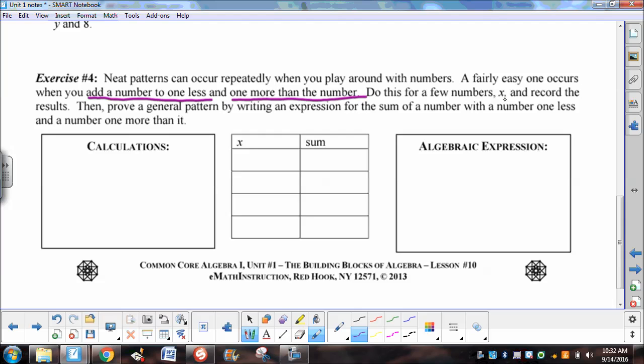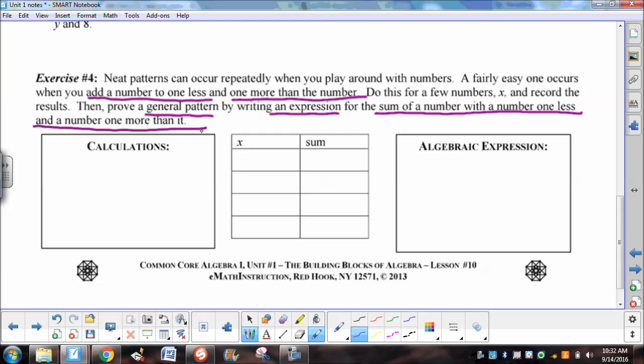Do this for a few numbers of x and record the result. So first we're just going to play around in this calculation box with numbers, and then we'll deal with pulling in the letters when it says, then prove a general pattern by writing an expression for the sum of a number with a number 1 less than and a number 1 more than.